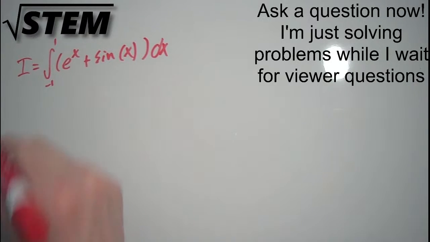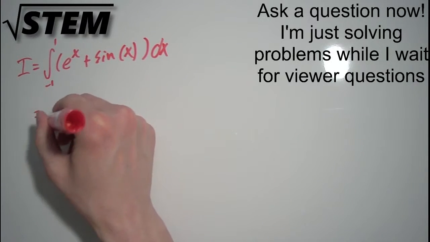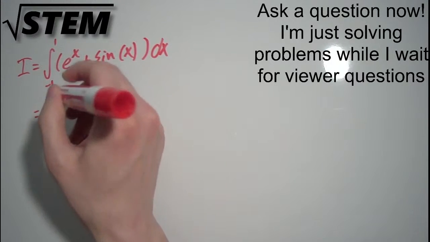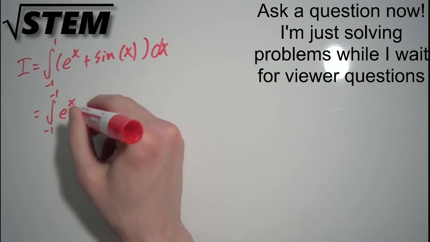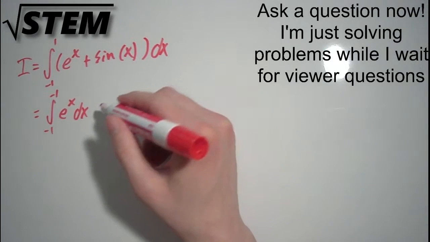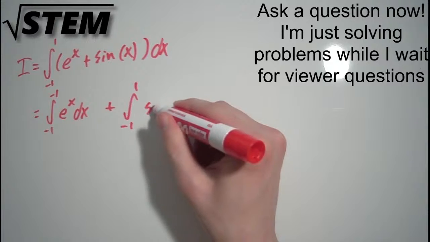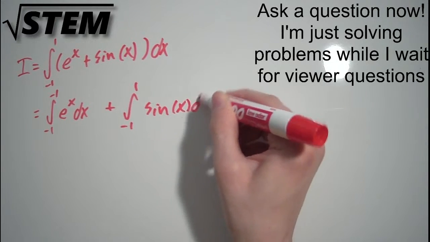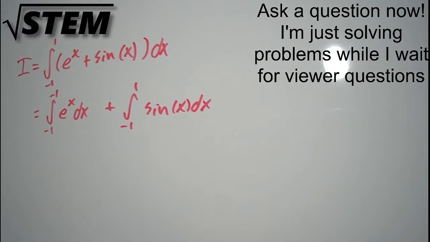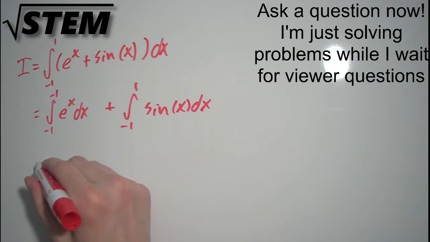So, we can just evaluate each piece on its own. So minus 1 to 1, the integral of e to the x dx, and the integral from minus 1 to 1 of sine x dx. The integral of e to the x is itself.